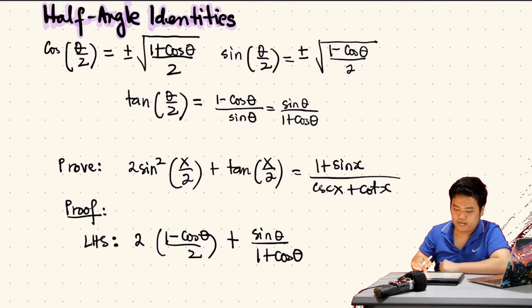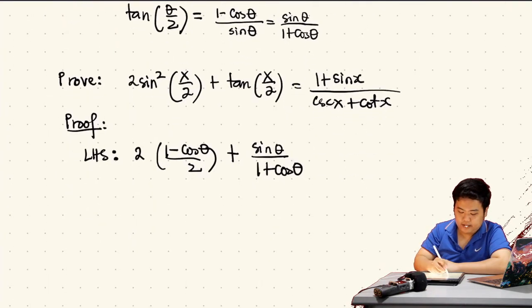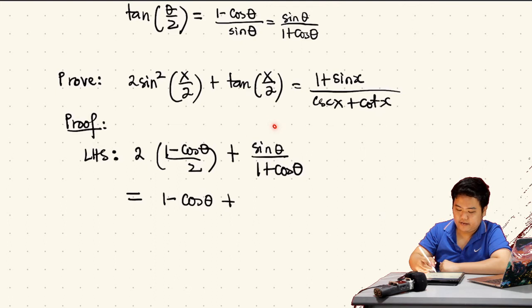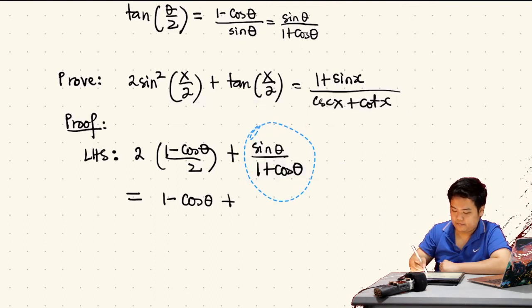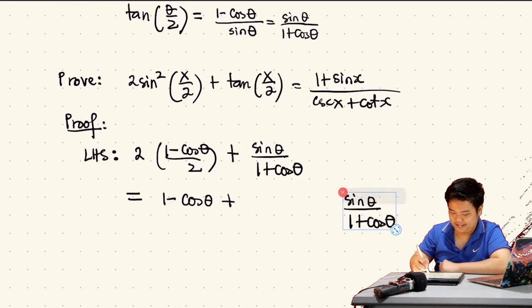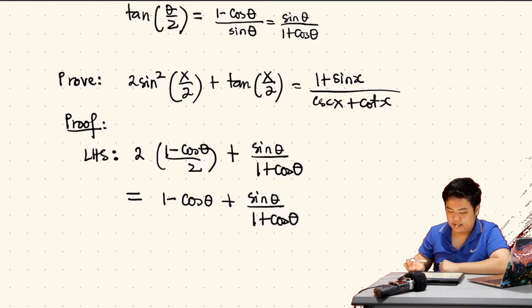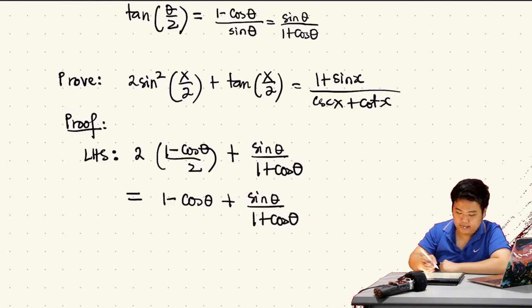Okay? Simplify natin ng onte. Cancel, we get 1 minus cosine theta plus this thing. Okay, anong LCD? Ang denominator nito ay 1. So, this is the LCD.